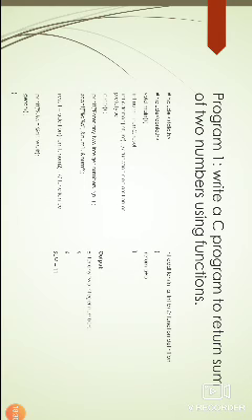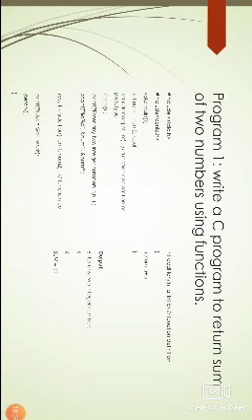The function must return a value. The value is a plus b, that means 5 plus 6, that is 11. This 11 is returned to the calling function, that is the main function. So here the 11 is stored in the result variable.